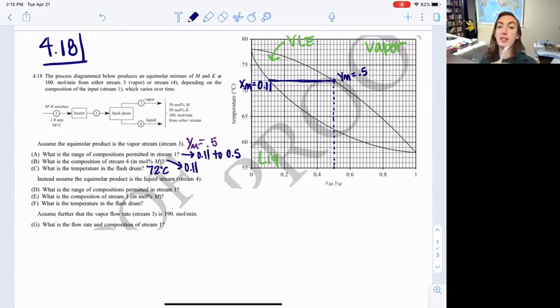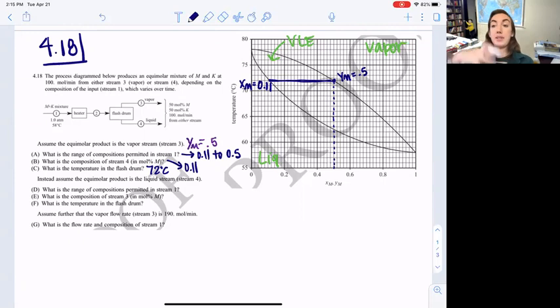We can't have it off on the side. So if we had a feed stream at 0.8, there would be nothing we could do. If we follow that feed stream up, we'll never hit Ym being 0.5. Okay, so that is our first part of the problem.